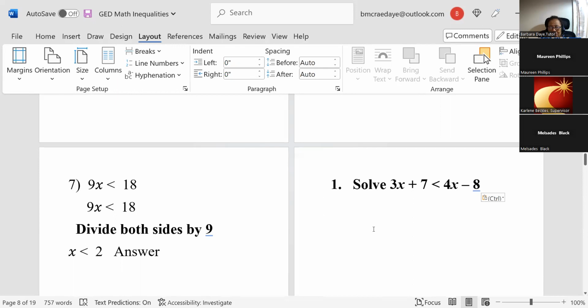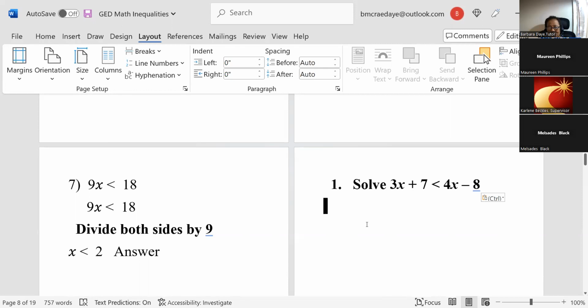Okay, the multiplication. No. Remember I said, what's the goal? You want to get the 3x and the 4x on the same side. Actually, we want to get them on the left. You want to get the 7 and the -8 together. So how would you make that happen, Maureen?